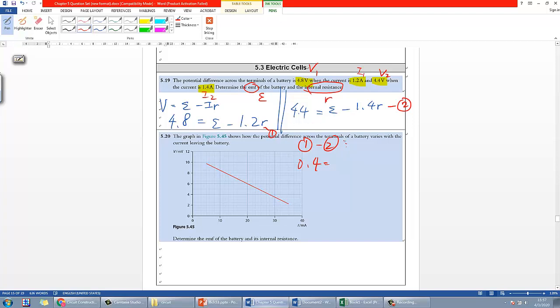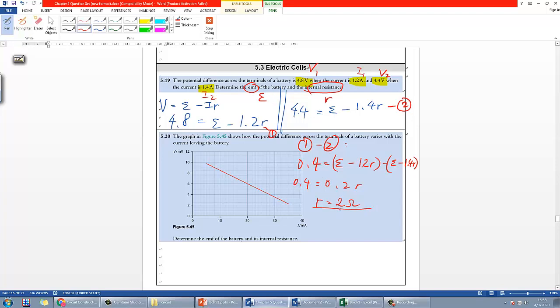Epsilon will be cancelled out, and you have 0.2 r, because minus and minus give you plus. So it's 1.4 minus 1.2, which is 0.2 r, and so r is actually 2 ohm. Okay, and that will be the answer.